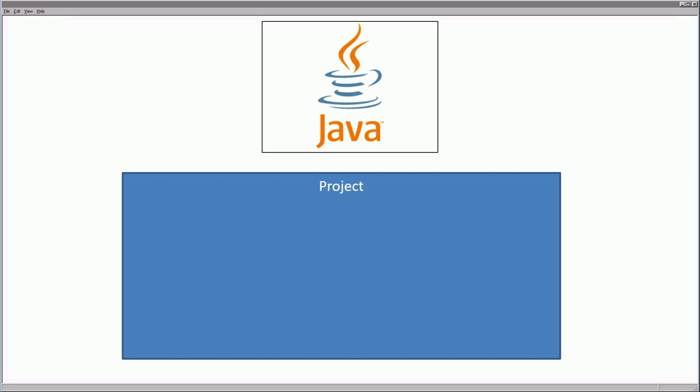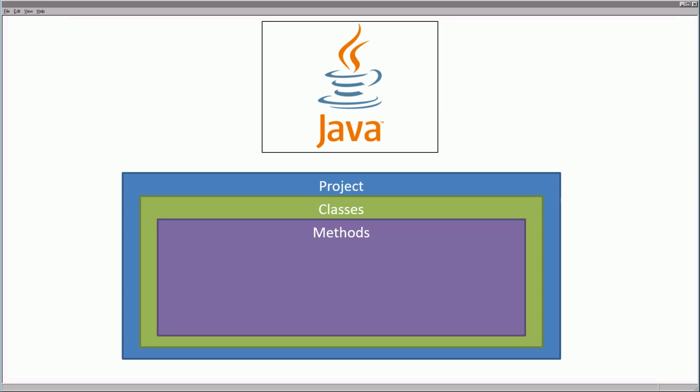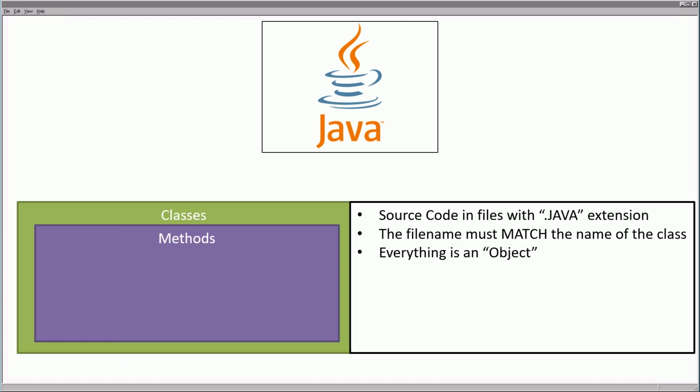From there, Java makes you organize everything first inside of a structure called a class, and then the actual functional code is written inside of another structure called a method. More specifically with Java, the source code files end with the .java extension, and Java makes a very specific rule. The file name has to match the name of the class inside of the file.